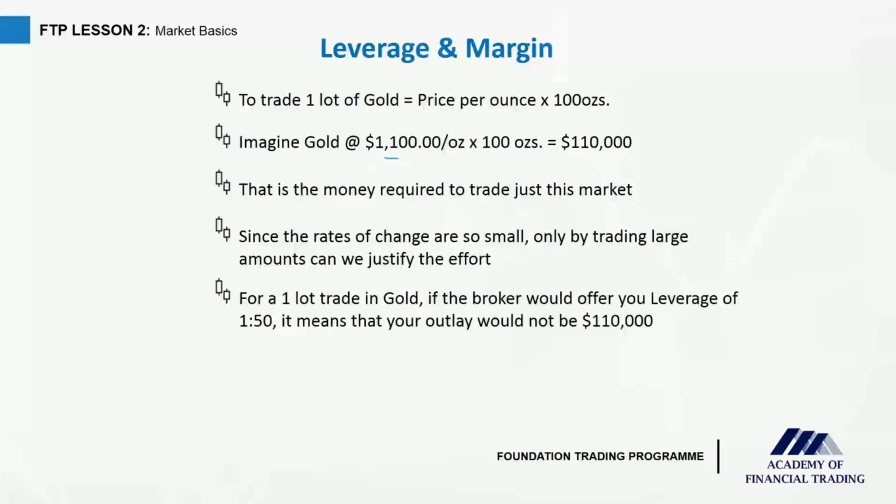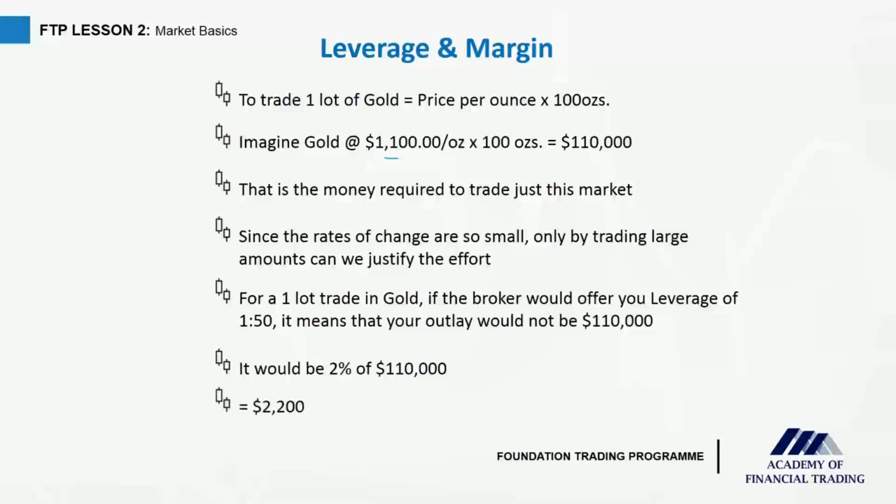But imagine if the broker said to you, okay, look, I'll allow you to trade that size of a trade, but I'm not going to ask you for $110,000. Imagine they said instead that they only wanted 2% of that $110,000.